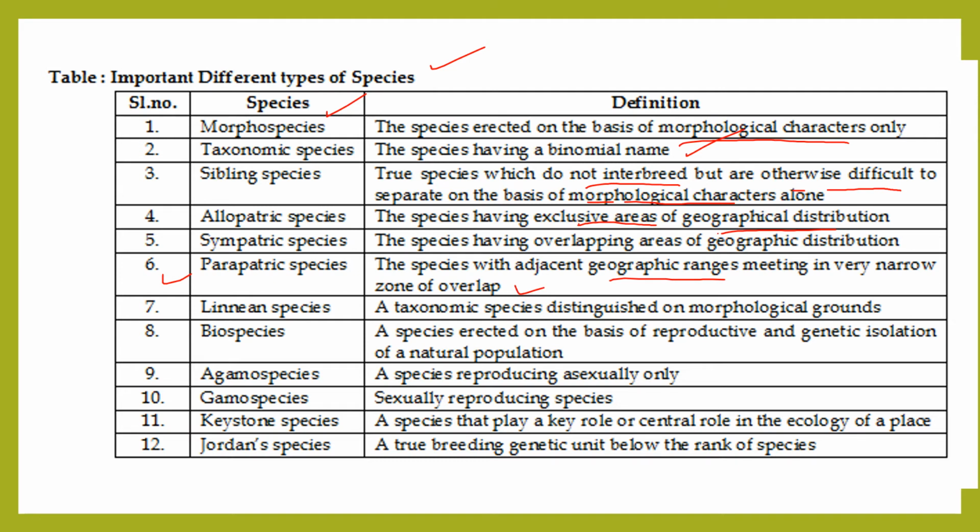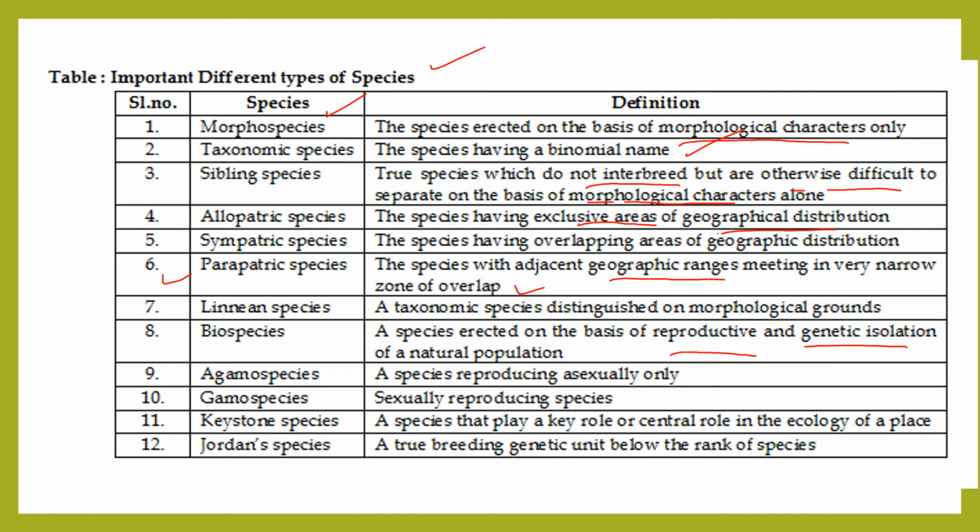Next comes lineal species: a taxonomic species distinguished on morphological grounds is a lineal species. Now, what is biospecies? A species which is developed on the basis of reproductive and genetic isolation of natural populations.